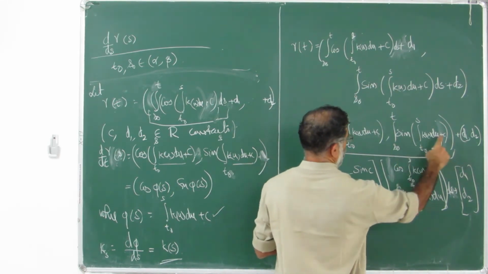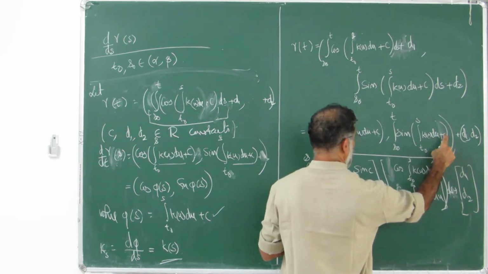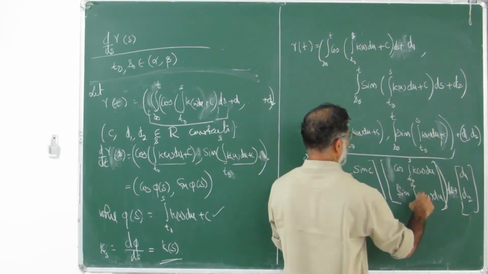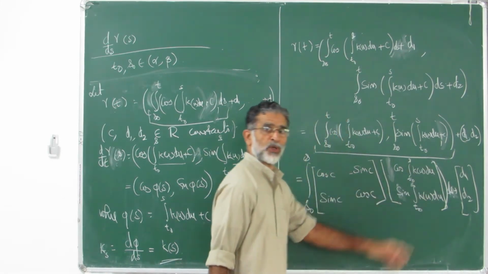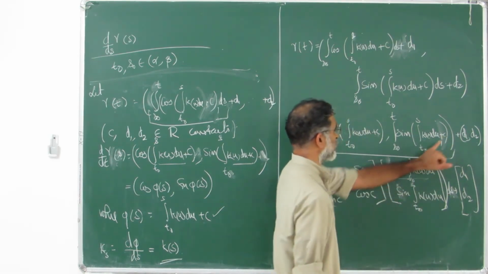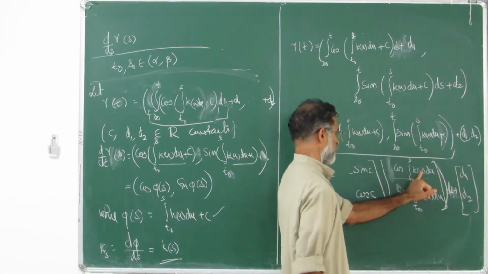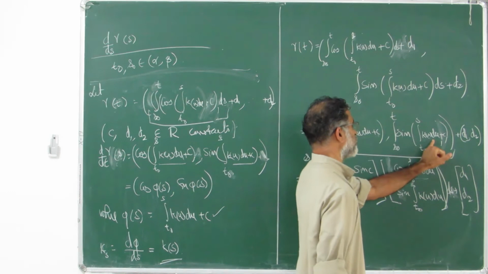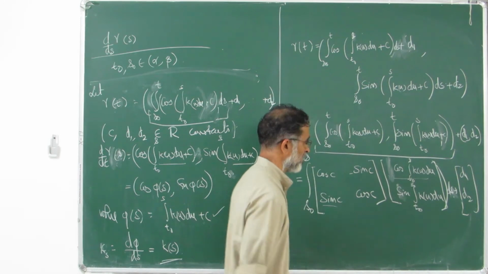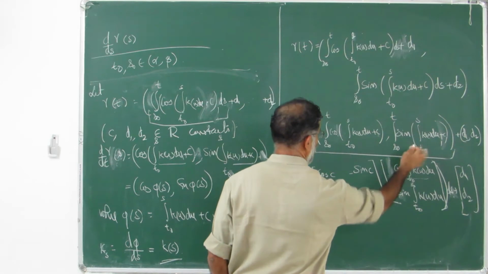So this is cosine of this, and first term, sin C into sine of this integral plus cos C into sine of this. So both are the same, right? Sin C into cosine of this, sin A plus B. So I will take this as your A. So sine of this into cos of this, and next one is cos of this into sine of this. Both match. Because it's a plus, it doesn't matter which one you take as A and B.